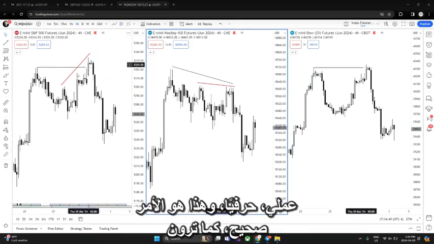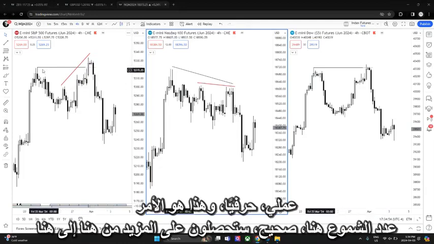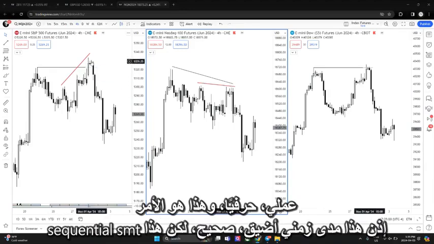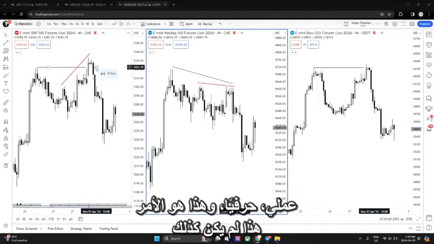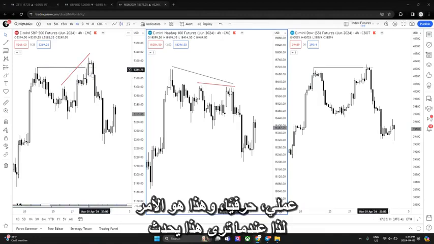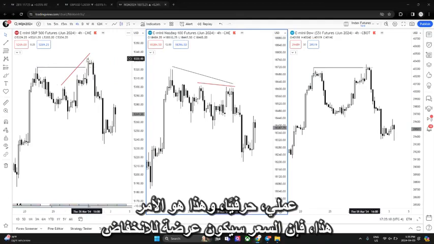As you guys can see, if you count how many candles are here, you get more from here to here, and here you'd get less. So this is a lower range of time, but this is sequential SMT. This was not. So when you see this happen, if there is a lower time frame sequential SMT occurring after this, then price would be prone to go lower.